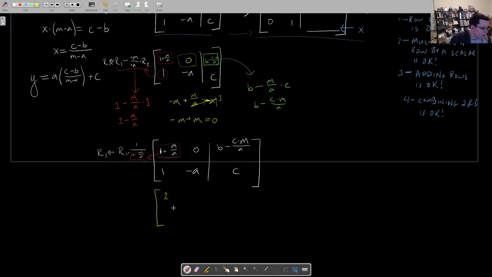is just 1. 0 divided by that is still 0. And now all we have to really compute is b minus c times m divided by a times 1 plus m over a.